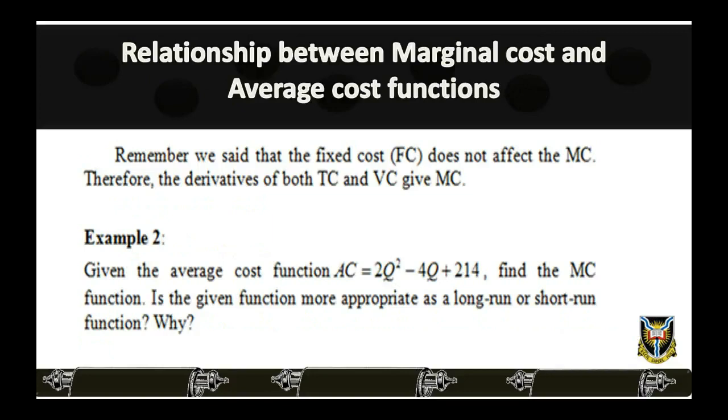Example 2. Given the average cost function AC equals 2Q^2 minus 4Q plus 214, find the marginal cost function. Is the given function more appropriate as a long-run or a short-run function? Why?